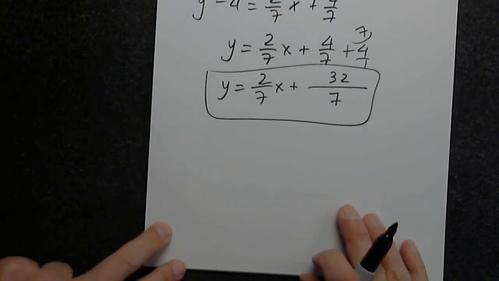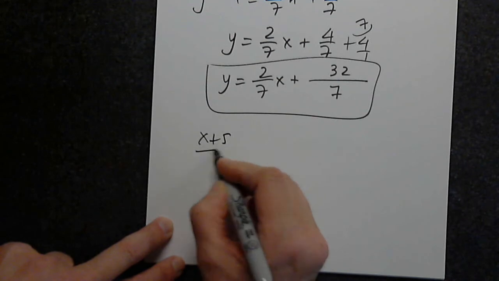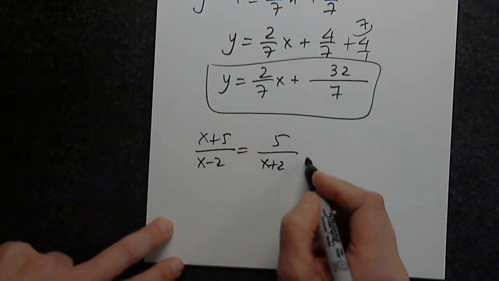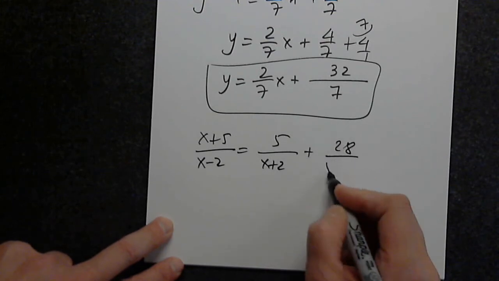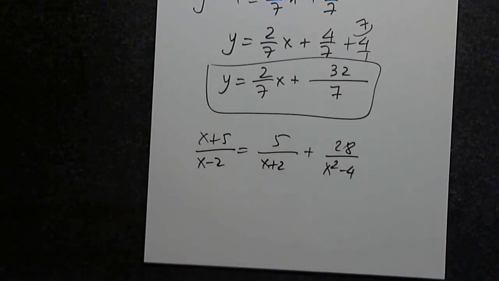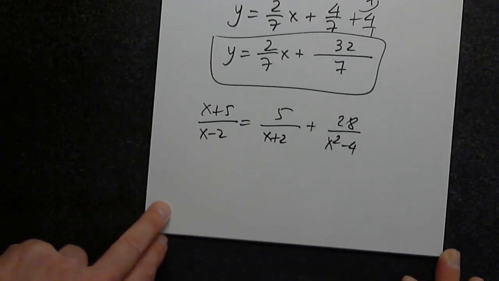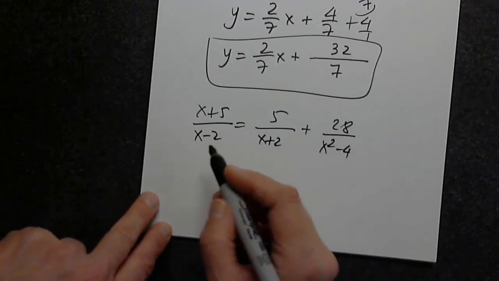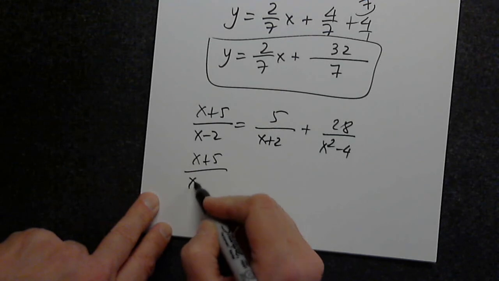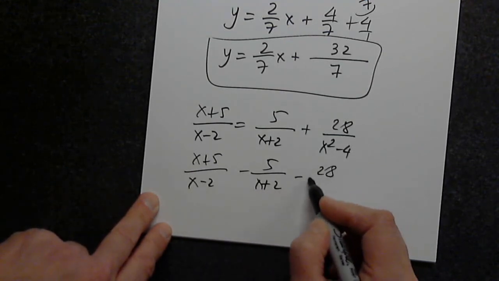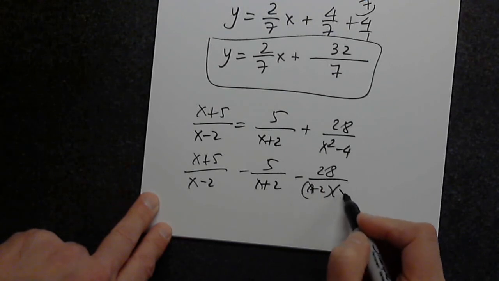Very good. So we have x plus 5 over x minus 2 equals 5 over x plus 2 plus 28 over x squared minus 4. So, the restrictions. I have x plus 5 over x minus 2 minus 5 over x plus 2 minus 28 over x plus 2 times x minus 2 equals 0.